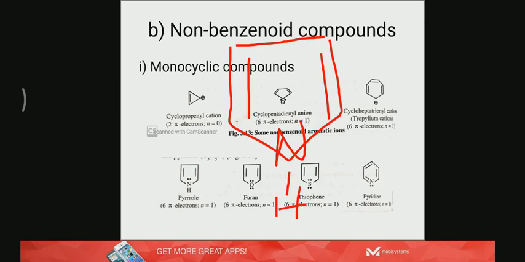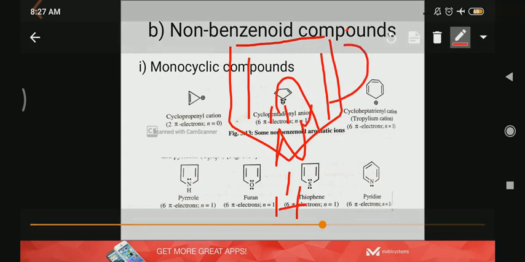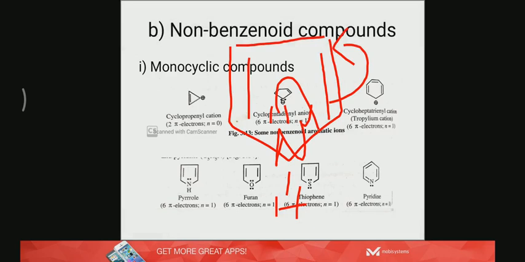But since there is a lone pair on nitrogen, this lone pair is in conjugation with the pi bond, and it can take part in resonance, as you know. The lone pair will get delocalized to the next position, and the pi electron will get onto the next carbon, and it will continue. So there will be complete delocalization with the help of the lone pair.